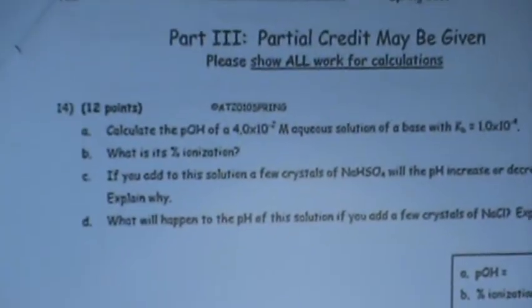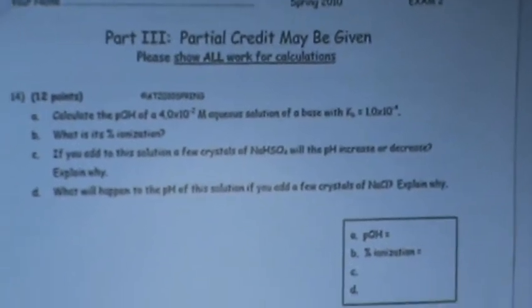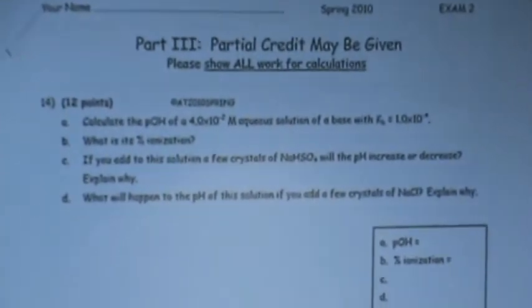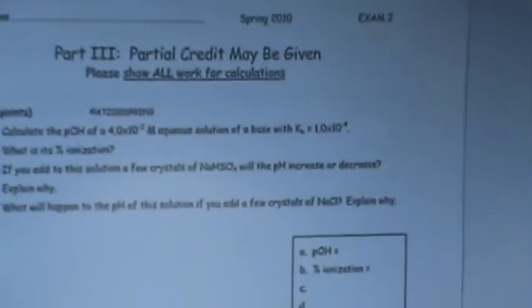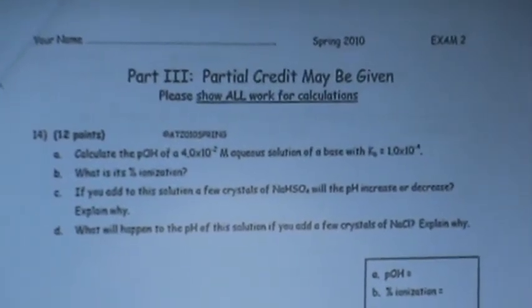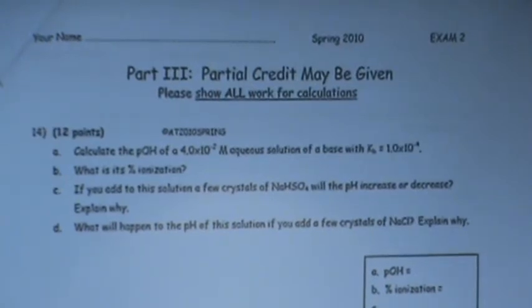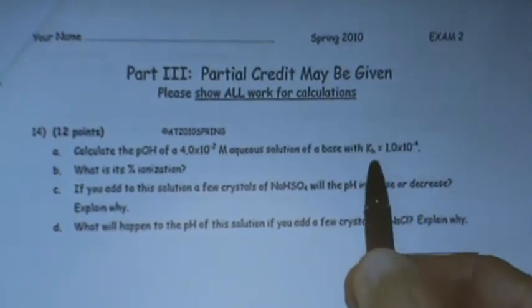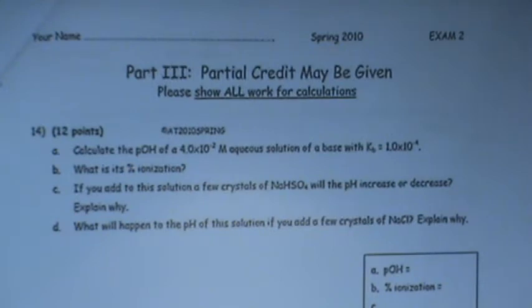Okay, so this problem has 4 questions. What do we have? We have a base. If you see an equilibrium constant, then you know it's a weak base.